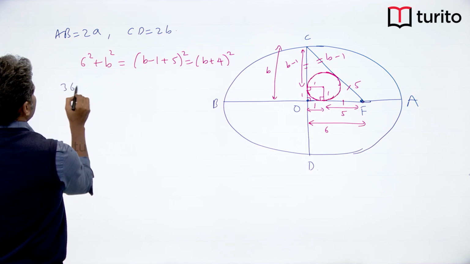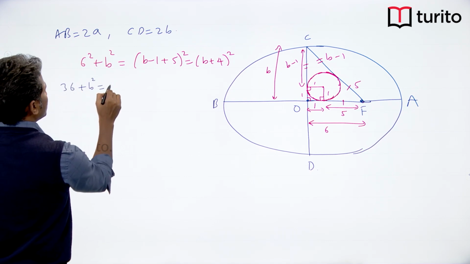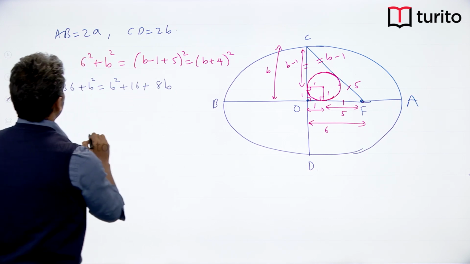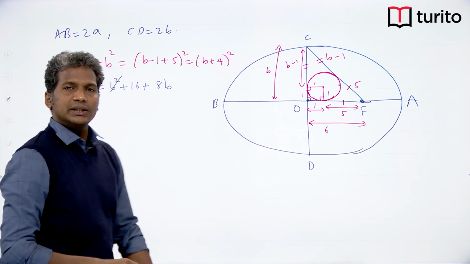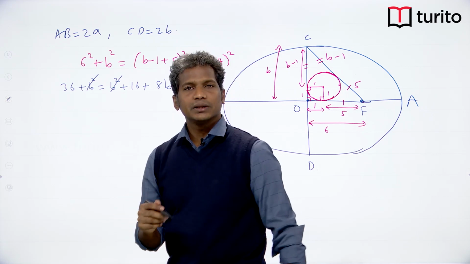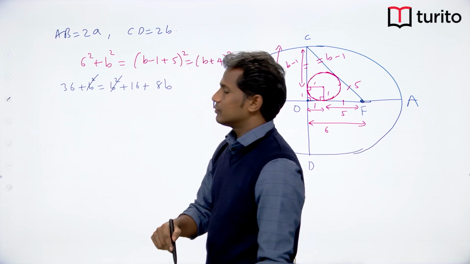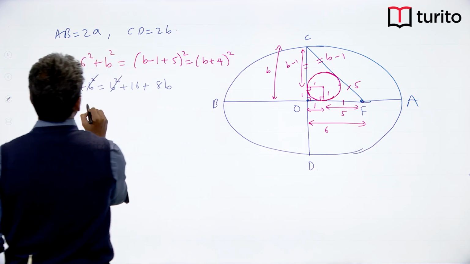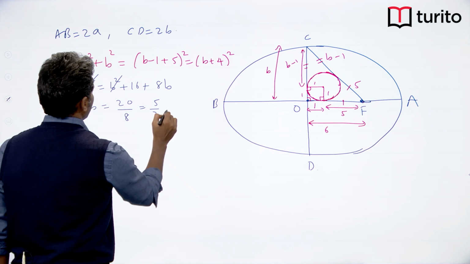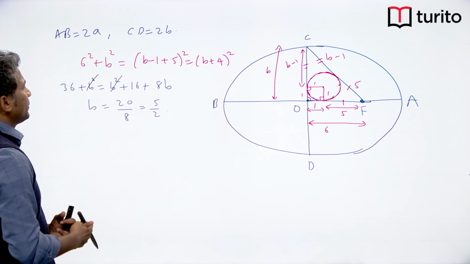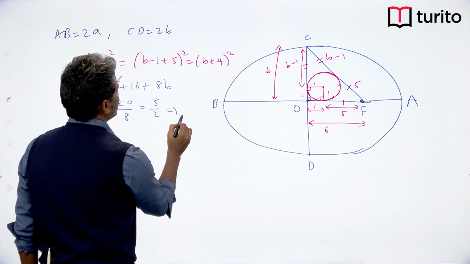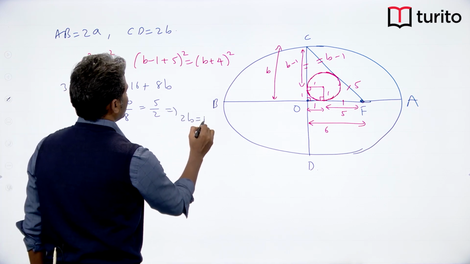I will get 36 plus B square is equal to B square plus 16 plus 8B. Here B square gets cancelled and I can get B directly. 36 minus 16 is 20, so 8B is equal to 20. B will be equal to 20 by 8, which is the same as 5 by 2. So, B is equal to 5 by 2, which means 2B is equal to 5 units.